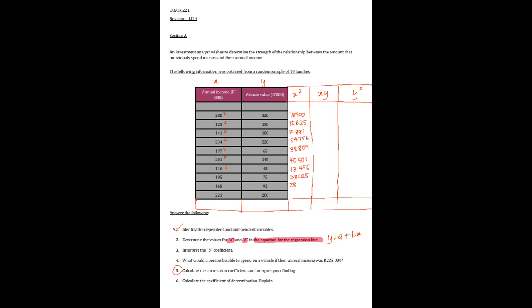And the last one is 221 squared, which is 48,841. So now you've squared all of your x values.